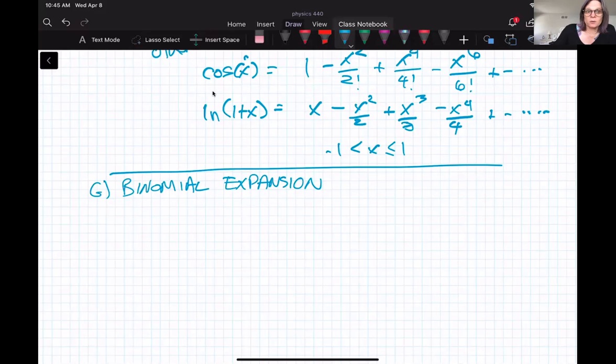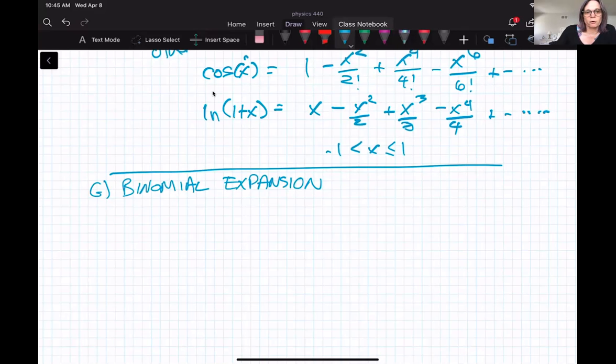Well, the hint is that we already used the Taylor expansion, so that's probably important. What's the usual form? What are we usually looking at when we do a binomial expansion?